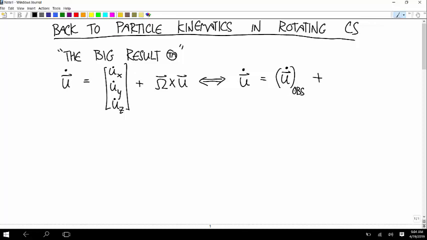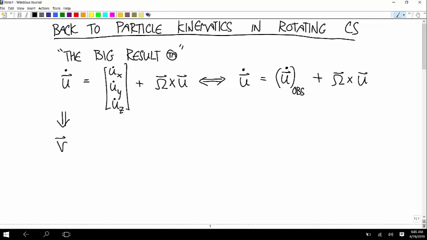That's what would be measured by somebody living in that rotating coordinate system, plus this correction term. But right now, I'm not going to put a box around this because really these aren't the ones we're going to use. What we're going to use is that from these you can derive the velocity and acceleration expressions.